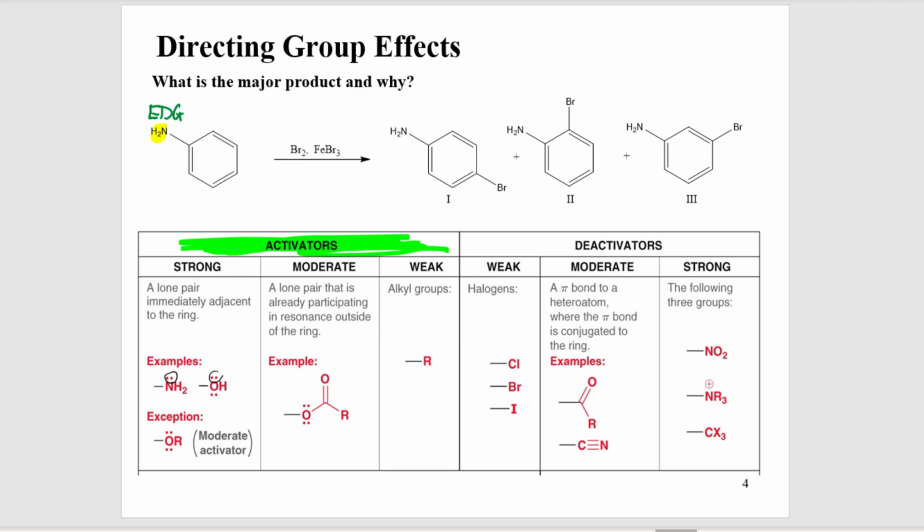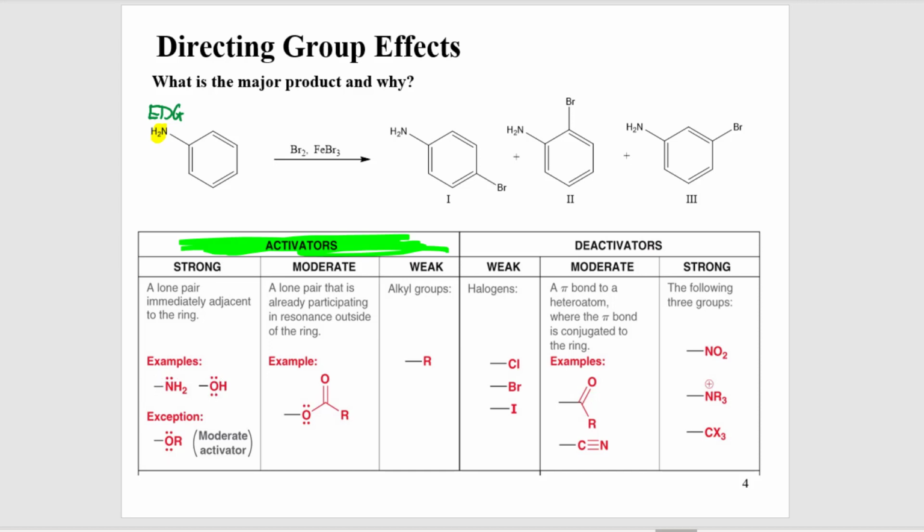See that? They're directly attached to the benzene ring, and they have a lone pair they can donate. So whenever you have an atom directly off of the benzene ring that has a lone pair, you can put it into the strong activator category.